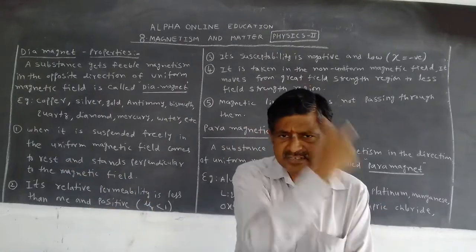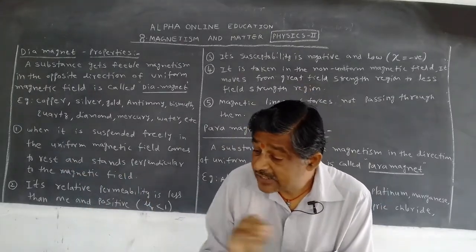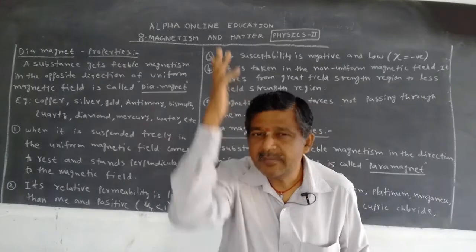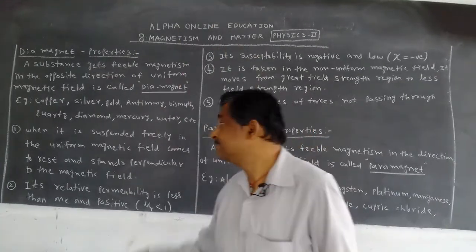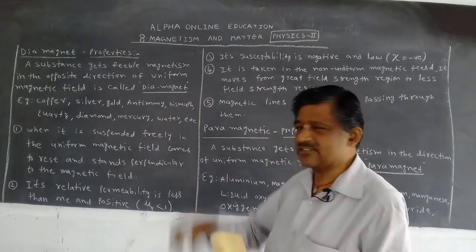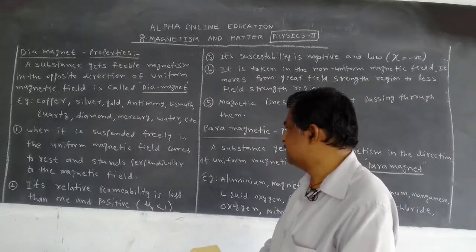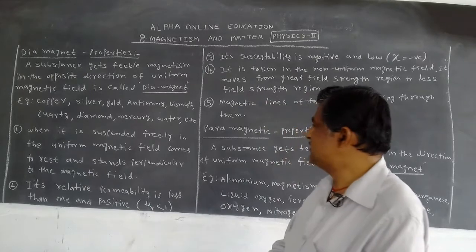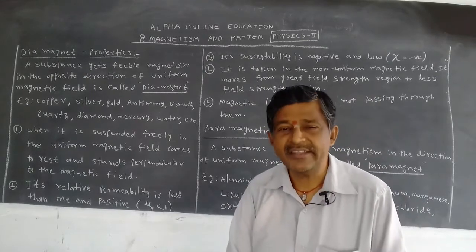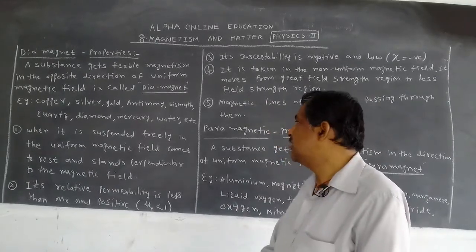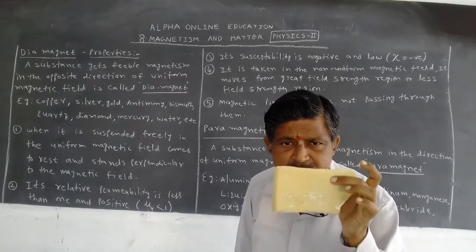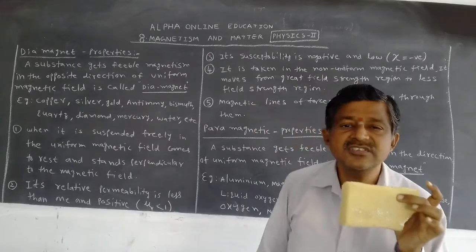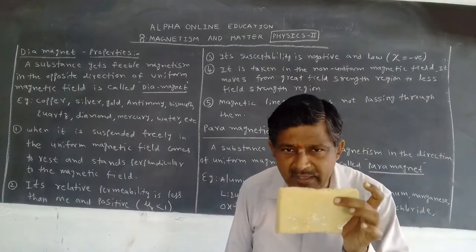The magnetic field is in this direction, but the substance gets feeble magnetism in the opposite direction. Then this substance is called a diamagnet. A substance that gets feeble magnetism in the opposite direction of the uniform magnetic field is called a diamagnet.